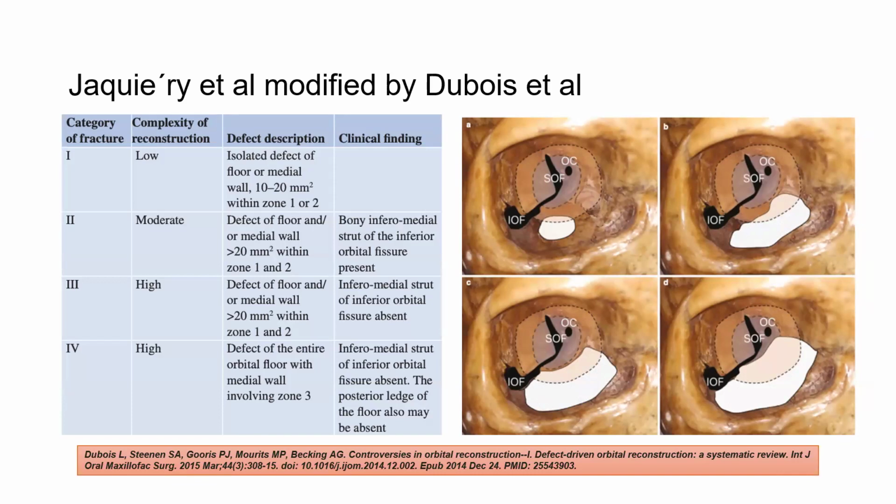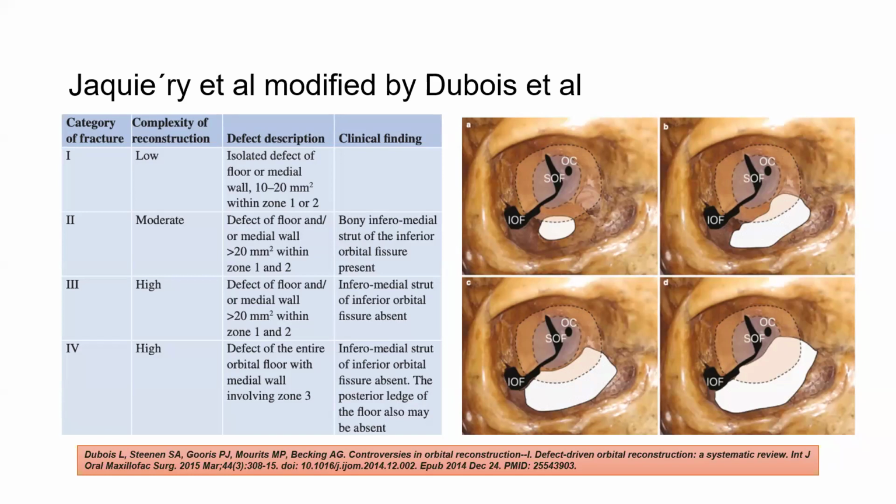So Jaquiery classified the orbital cavity into three, progressing posteriorly: anterior orbit, mid orbit, and posterior orbit. Second, he divided the size of the defect into 10 to 20 millimeter squared and more than 20 millimeter squared. The third, the most important aspect, is the presence or absence of the inferomedial strut. This is one of the struts which he has taken into account.